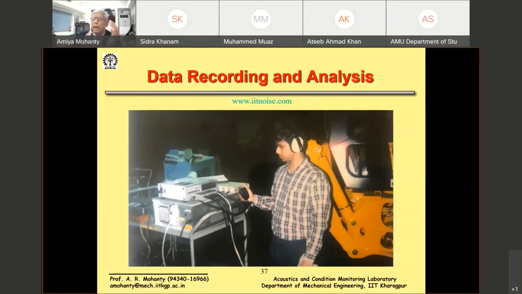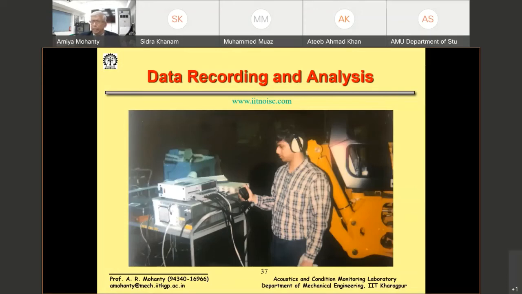But parallelly, as I rightly told in the beginning, the miniaturization of electronics has made our life in machinery condition monitoring very, very easy.